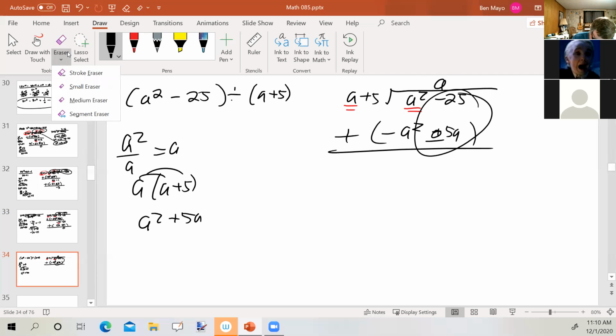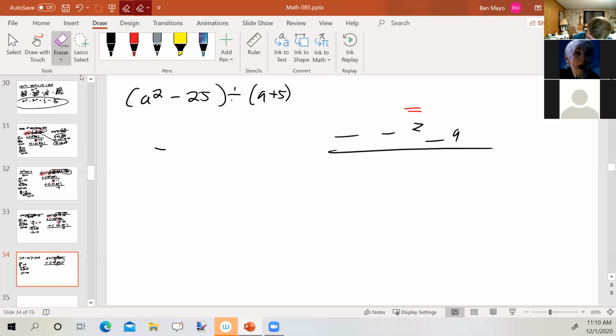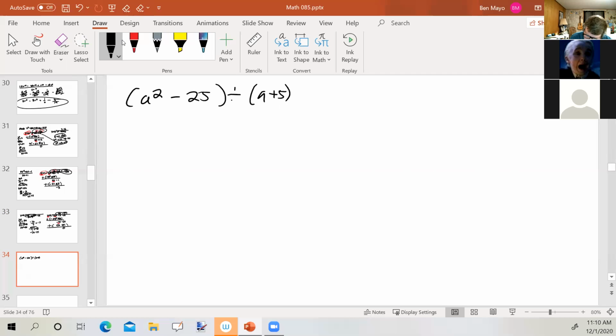So what we're going to do is this. Outside, we've got a plus 5. Inside, we've got a squared. We're going to put in a 0a as a placeholder. So I've got a squared.